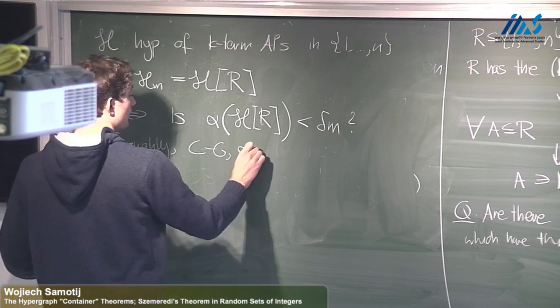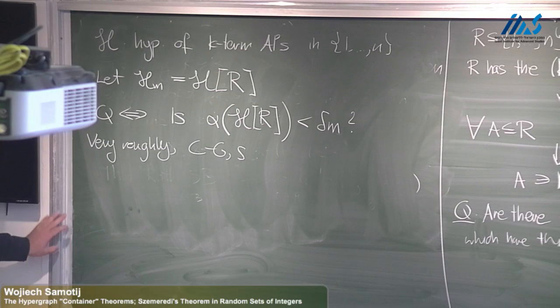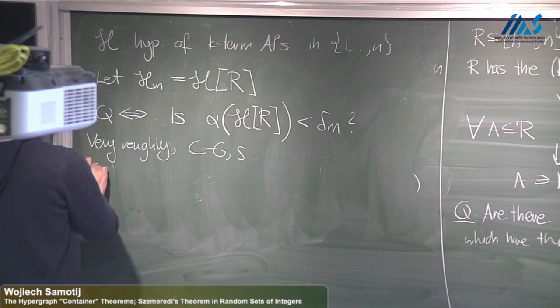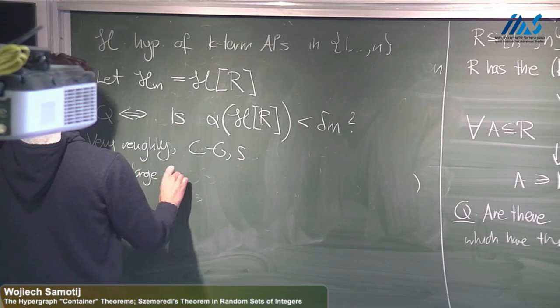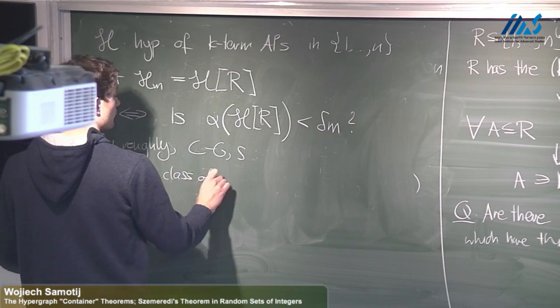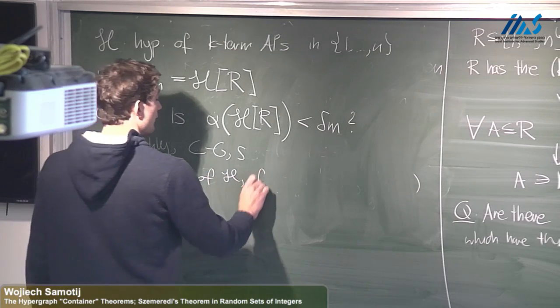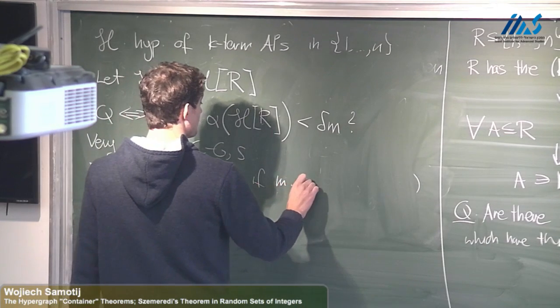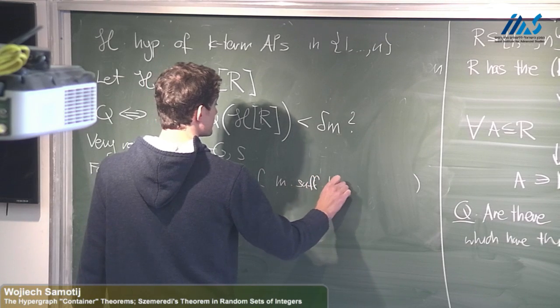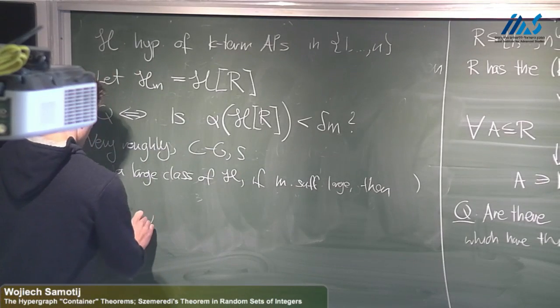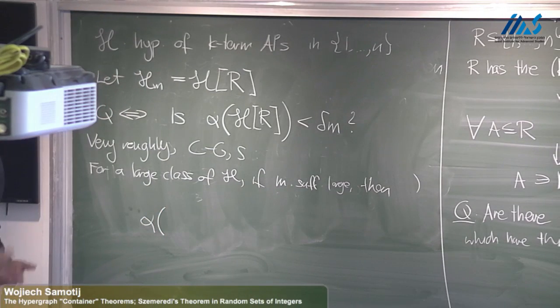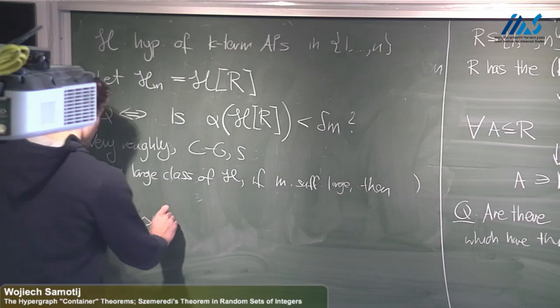And very roughly, Conlon-Gowers and Schacht prove the following for a large class of hypergraphs. If m is sufficiently large, then the independence number of H_R will scale appropriately.